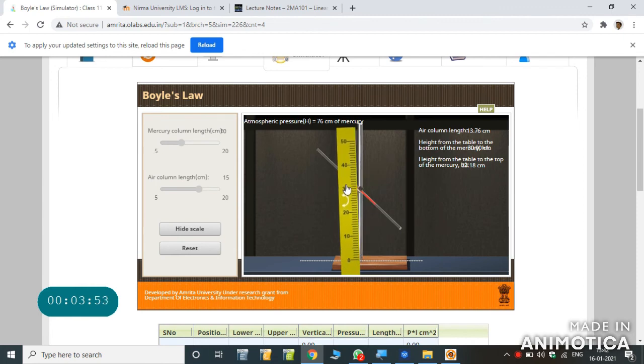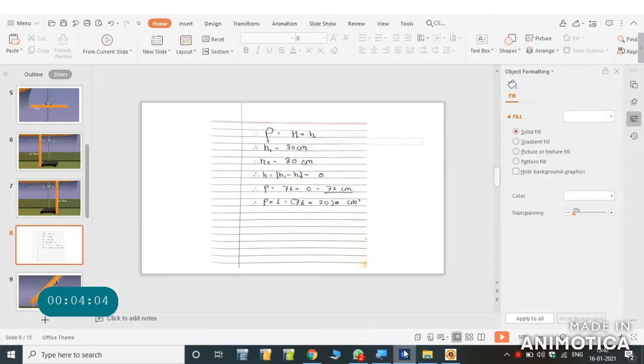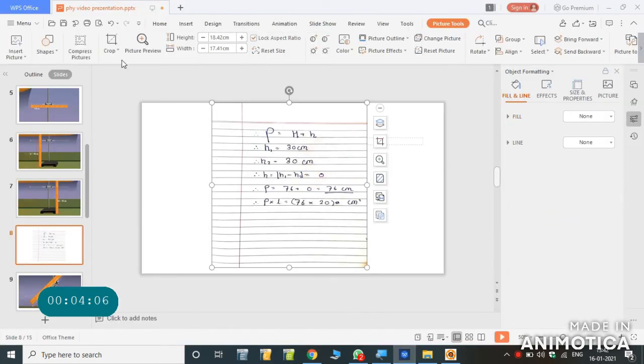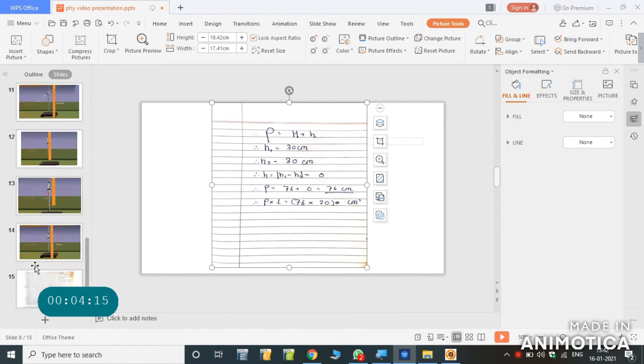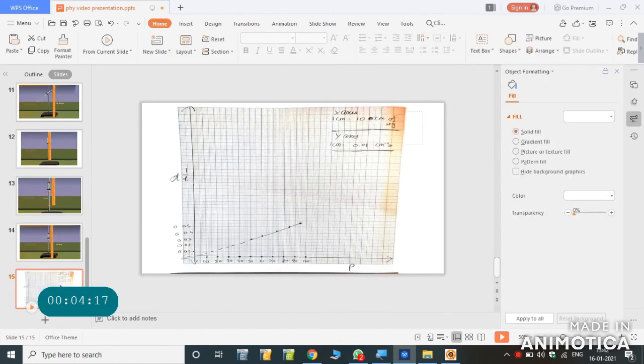Thus it is approximately 30 centimeter and it is 21 point something centimeter. Thus by this formula we can calculate the pressure inside the quill tube and also the value of P cross L. And then we can plot this graph, P on the x-axis and 1 by L on the y-axis, and it will be a straight line.